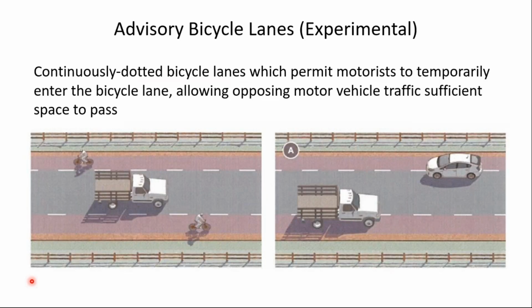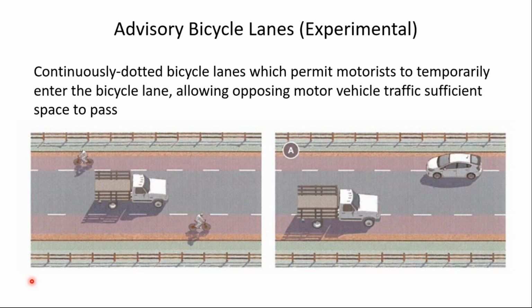Another type of bike facility, which is experimental, so I want to emphasize that, but you do see it mentioned often in different web discussions, are the advisory bicycle lanes, or they're also called edge lane roadways.